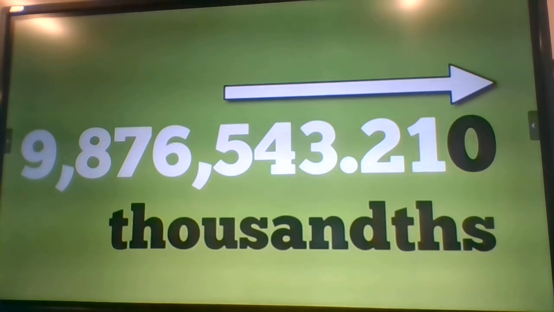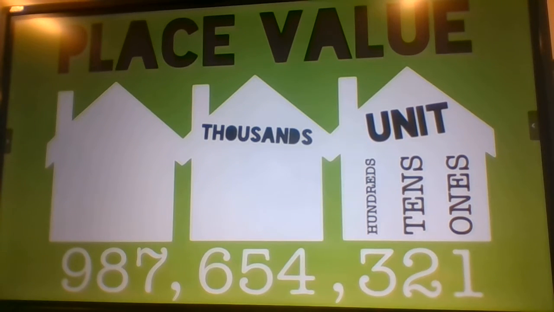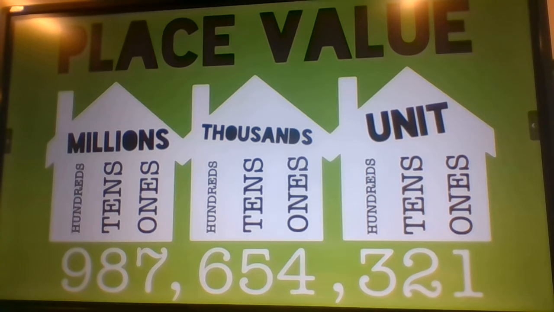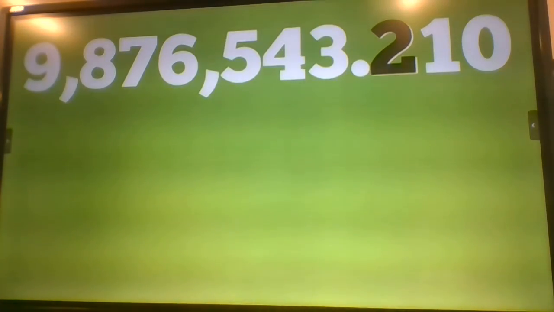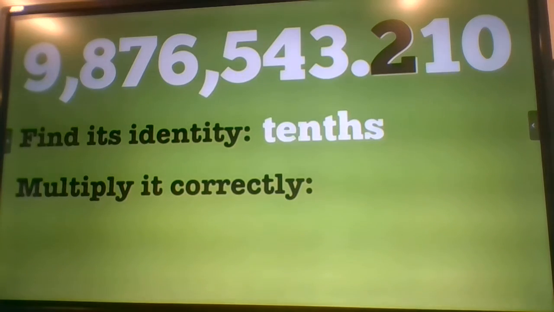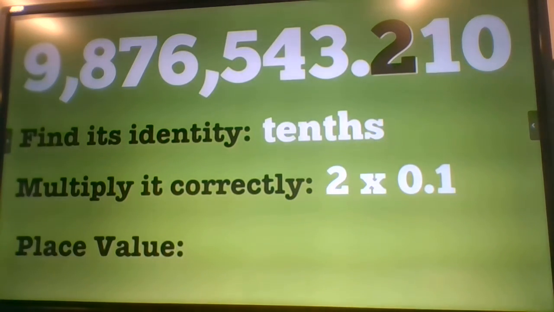Follow the same pattern so you know the rest. Just don't forget the THS, no. Now I know my place value. Now I know what to do. Now I know my place value. I can solve anything. I can find its identity. I multiply it correctly. Gotta count 10 and say, I know my place value.